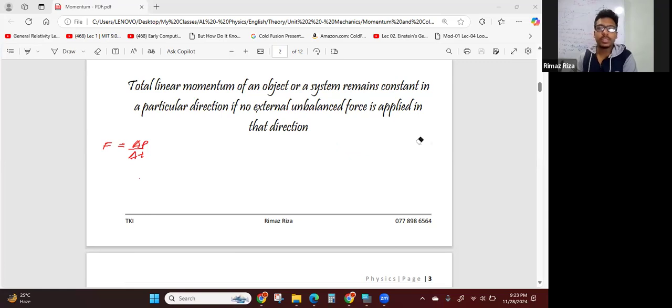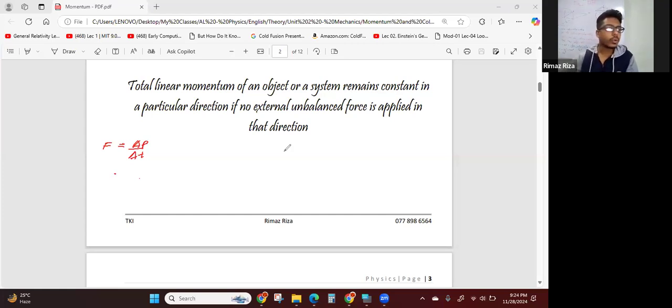But the actual definition, if you study the Principia Mathematica, the book written by Newton, states that the external force acting on an object is directly proportional to the rate of change of momentum. He didn't mention force equals mass times acceleration as the definition, but later on we can get that also as a special case.